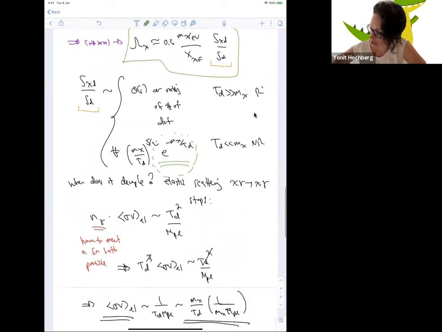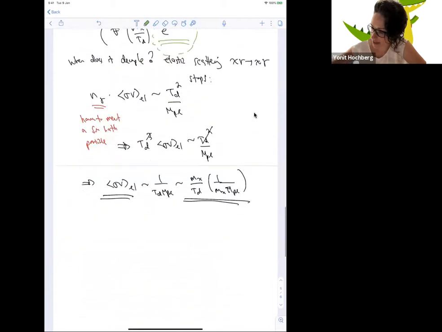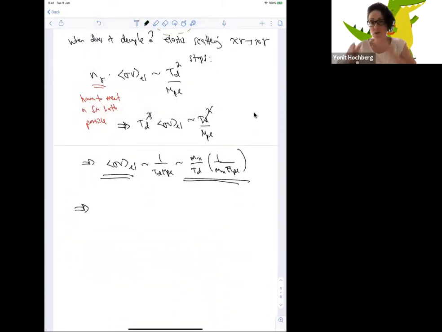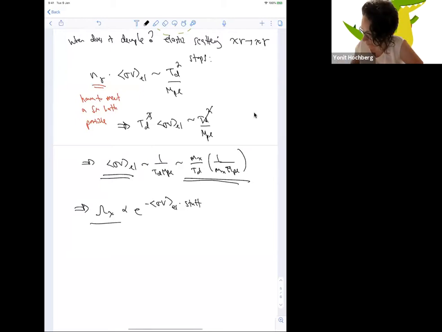And so what we've essentially arrived at right now is the fact that in the scenario that we're talking about now, where first elastic scattering decouples and only later does 3 to 2 freeze out, the relic abundance of dark matter is exponentially sensitive to the thermally averaged cross-section of this elastic scattering, okay?